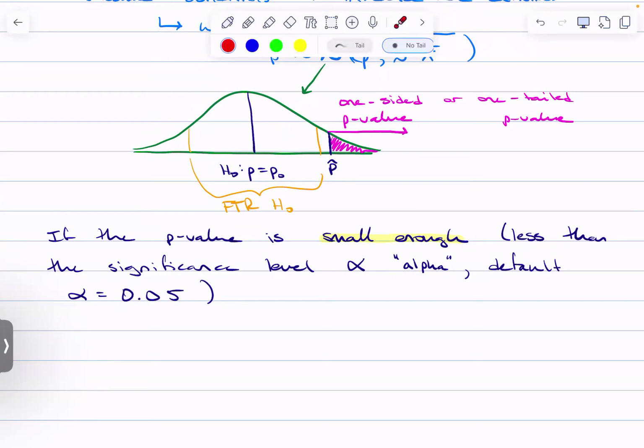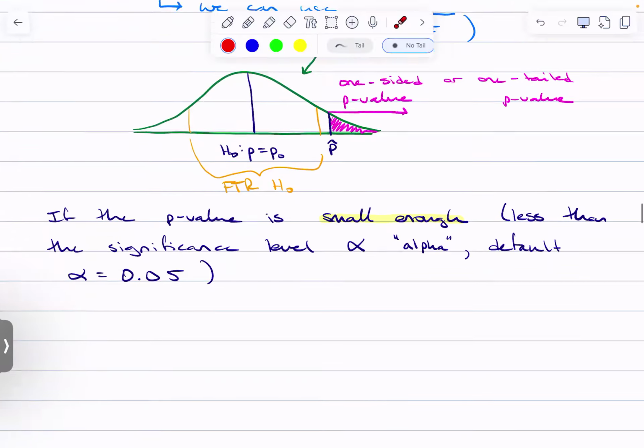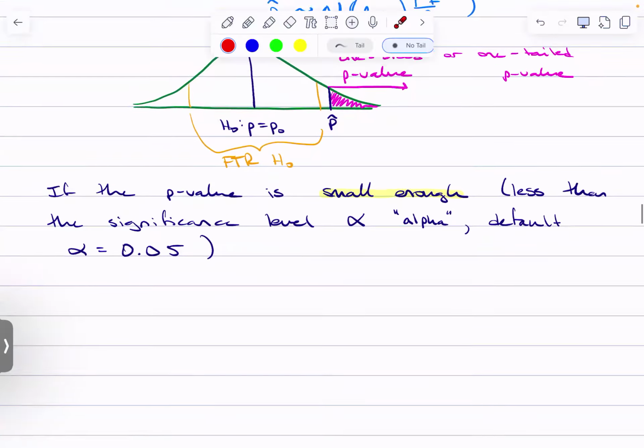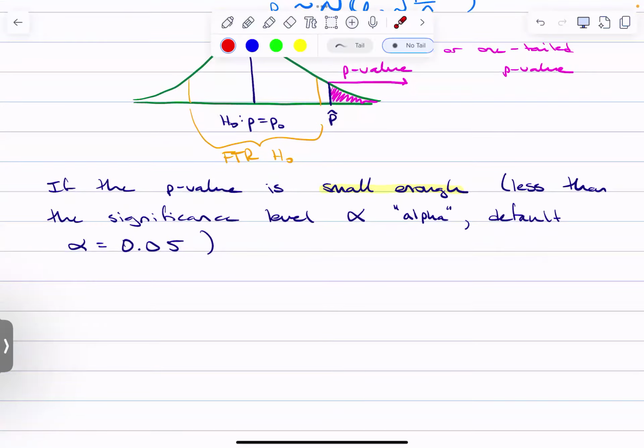For example, if my confidence interval is this guy here, 95% confident, then I have 5% split between the tails, right? And so that default alpha level is directly related to the confidence level, or the significance level, I should say. Nope, I meant confidence level for our confidence interval.